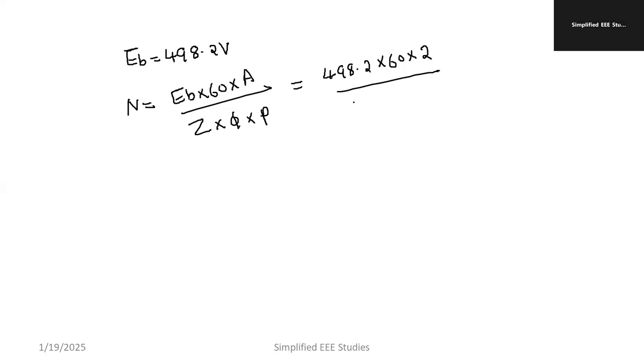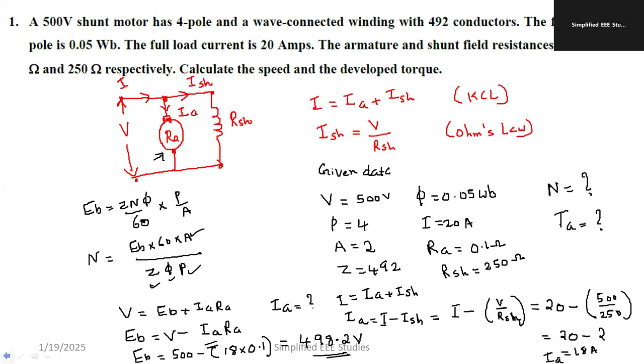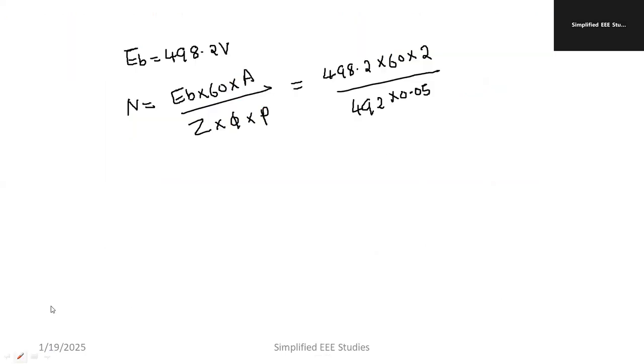Divided by Z, which is 492, and phi, which is 0.05. Please verify the numerical value, that's important. 0.05 exactly. Now what is remaining?